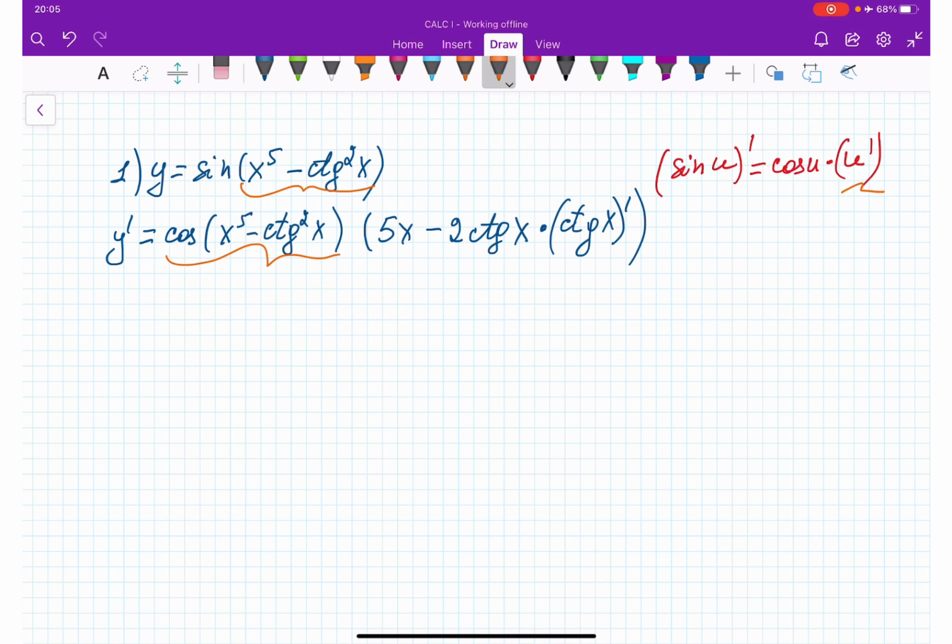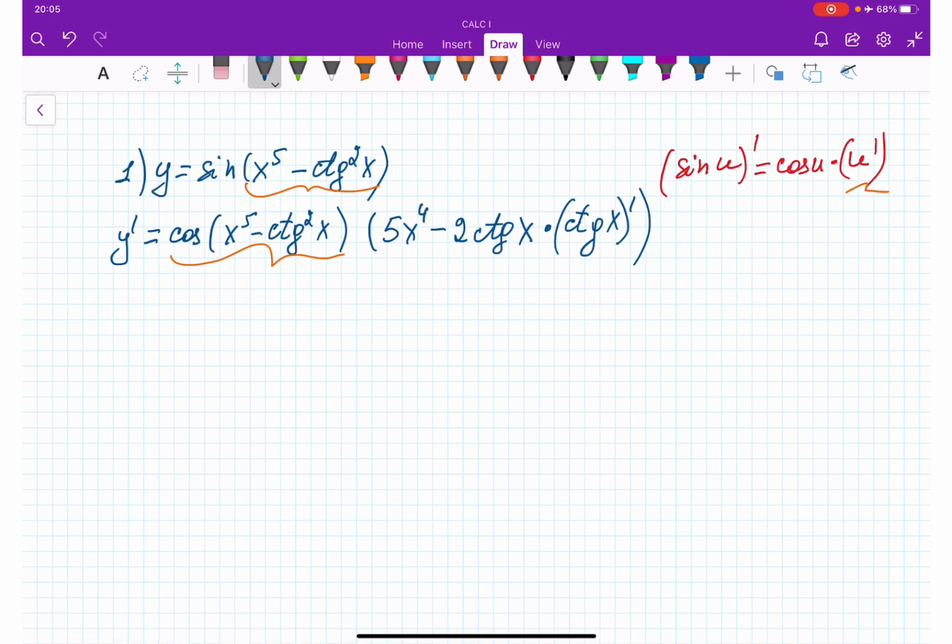So it will be the derivative of x to 5, 5x to 4, I'm sorry, I missed here the 4, and then minus 2 cotangent x, since it's cotangent squared x, it's going to be 2 cotangent x, and then times the derivative of cotangent x. So the derivative of cotangent x is going to be negative cosecant squared x. All right?